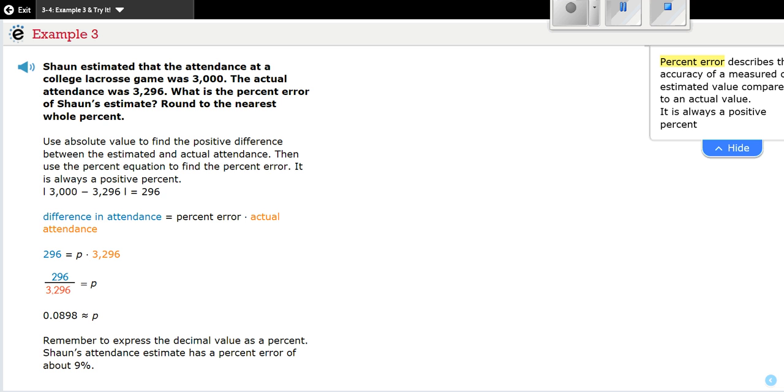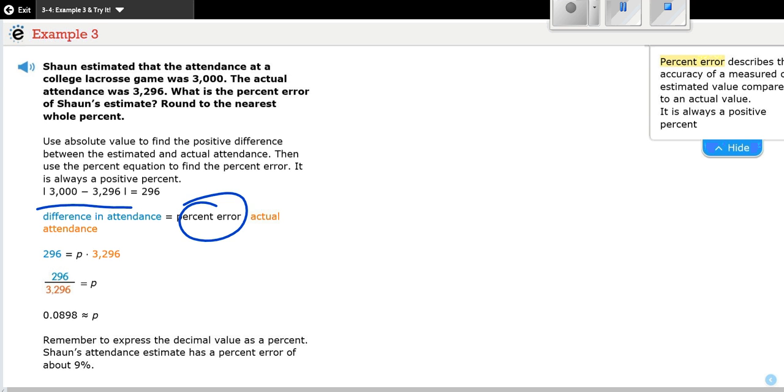What we're seeing here is we're subtracting these two numbers, 3,000 minus 3,296, and then taking the absolute value to make sure that we have a positive number so that we can get a positive percentage. Then we just plug things in.